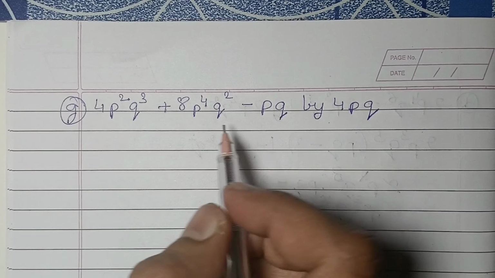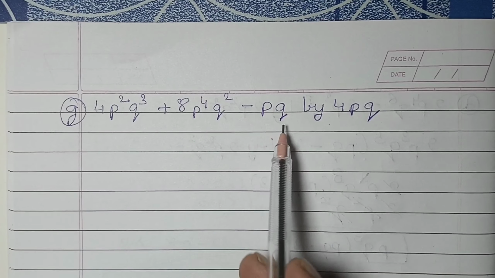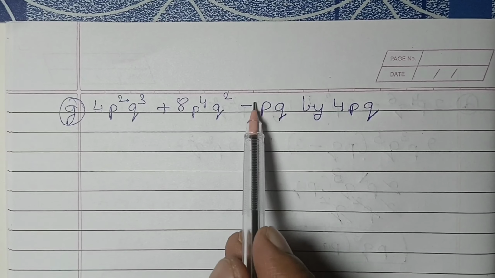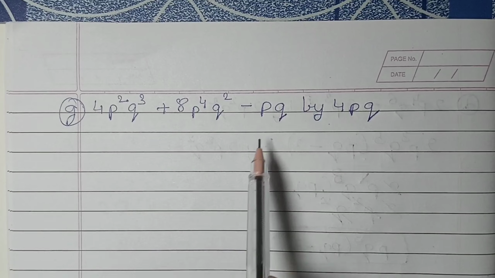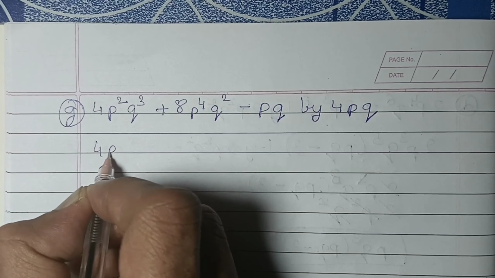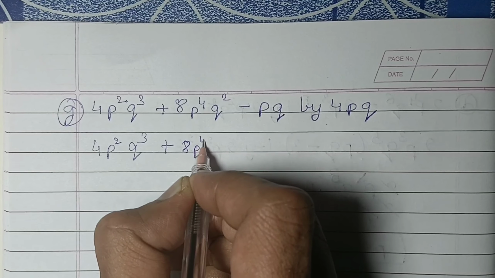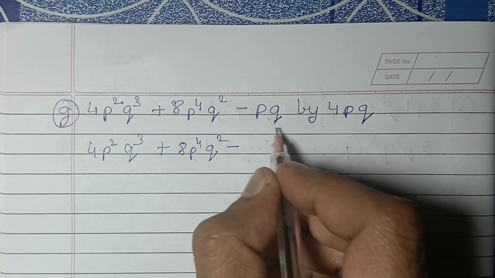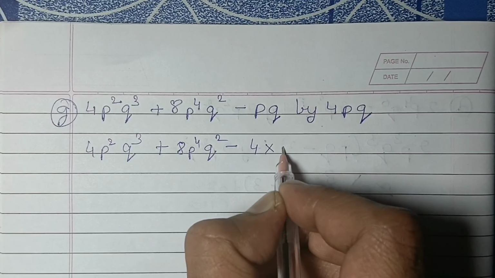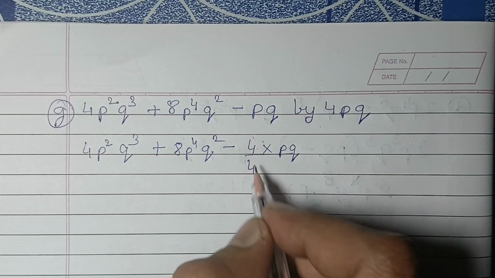Okay, these two terms have 4 but this doesn't have, so we'll have to multiply and divide this term by 4. So if we do this, it will look like 4p square q cube plus 8p to the power 4 q square minus, if we multiply and divide 4, so it will give us 1 only.